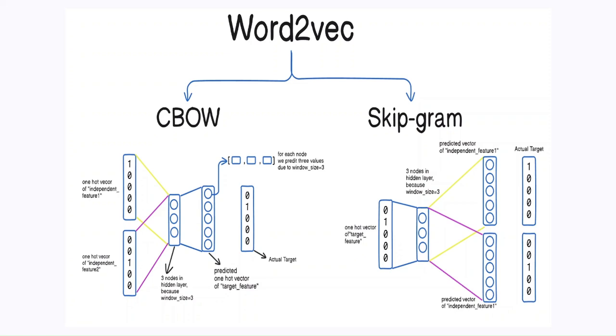But in skipgram, you feed the actual target as the encoding, then there are three nodes in the hidden layer, window size is 3, with predicted vectors of independent feature 1, independent feature 2, and then the actual target. Based on this, you can analyze how it works in the neural network.